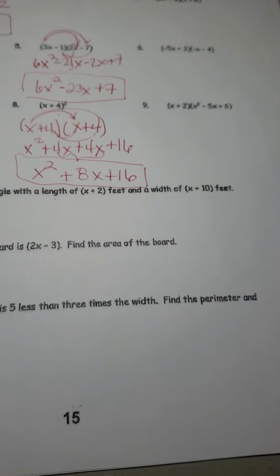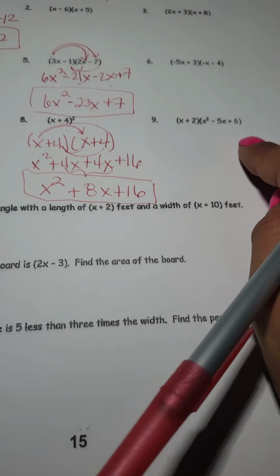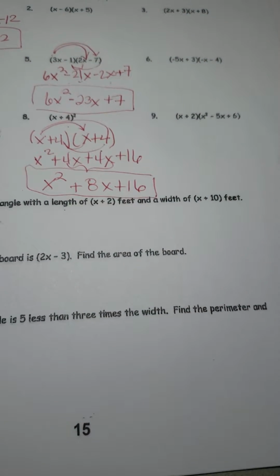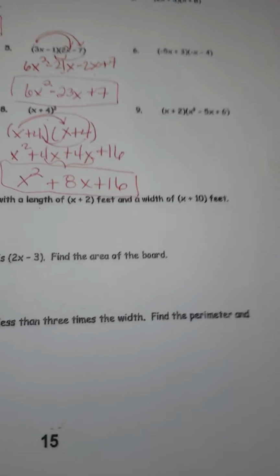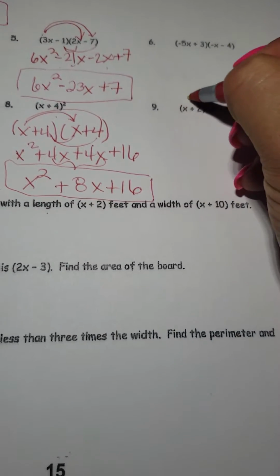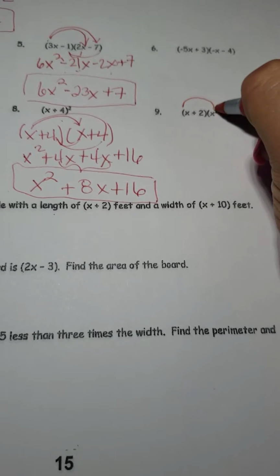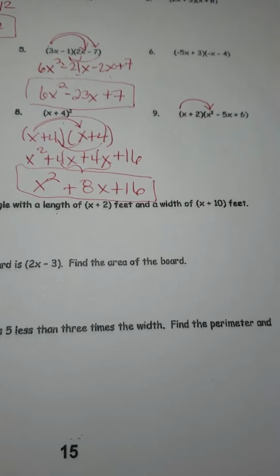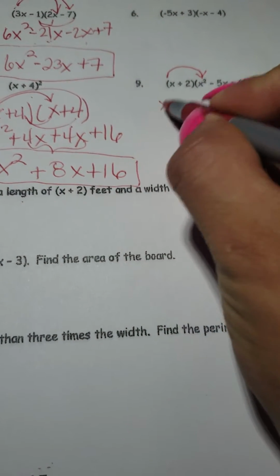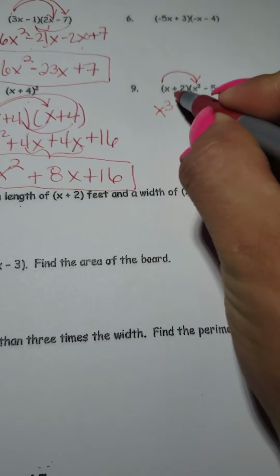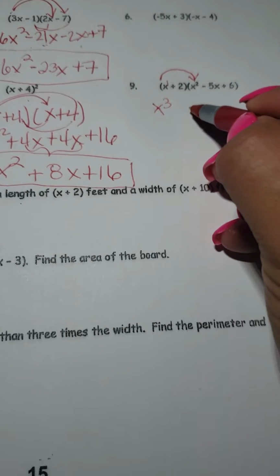All right, number 9, you have a binomial times a trinomial. So this is what you're going to do. I call it the rainbow method, but it's pretty much the same thing. You're going to multiply the first term times the first term in the next set. X to the 1 times x to the 2 is going to be x to the 3, because 1 plus 2 is 3.